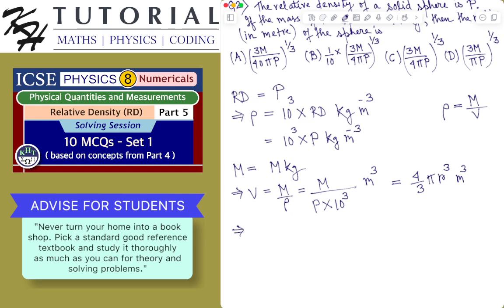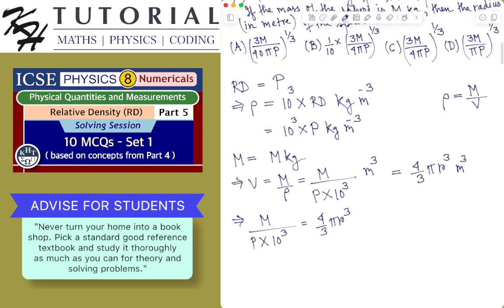So we can equate both the values of the volume, that is using the formula 4 by 3 pi r cube, and also using M by rho, we get M divided by P multiplied by 10 to the power 3 is equal to 4 by 3 pi r cube.